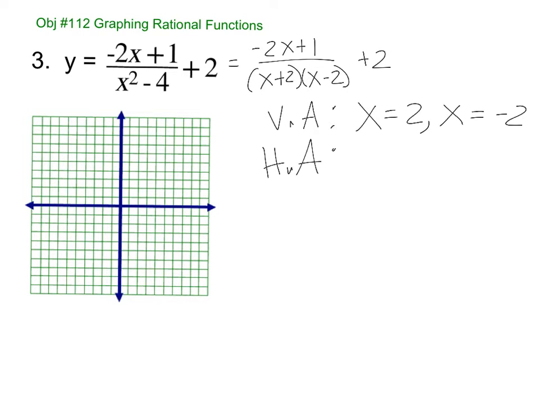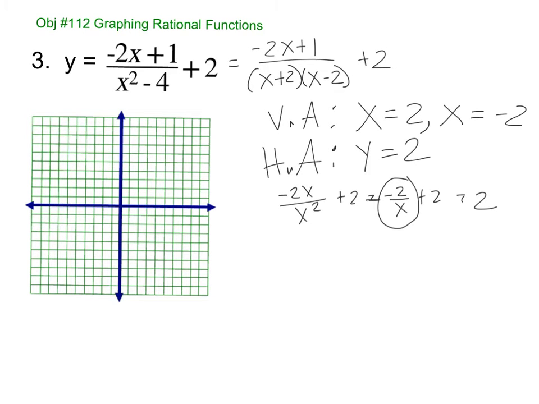Horizontal asymptote. So I take the x's on the top, -2x, over x squared, and then plus 2. So this gives me -2 over x plus 2. So what happens if you plug in a really, really big number? This just is 0, so 0 plus 2 is 2. So y equals 2 is my horizontal asymptote.